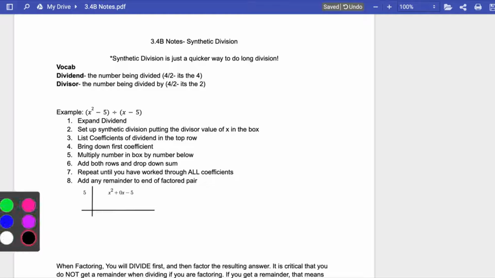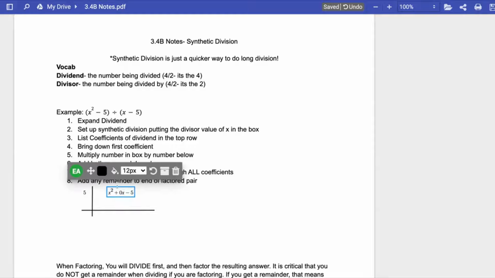Okay, so I have it set up, and now I'm going to list the coefficients of the dividend in the first row. I'm going to move this up a little bit, and then list my coefficients. The coefficient of x squared is 1.